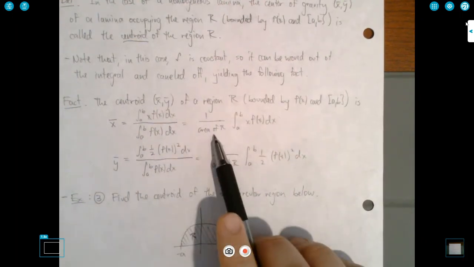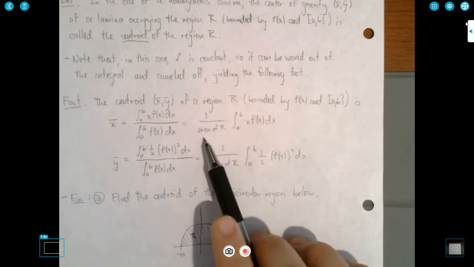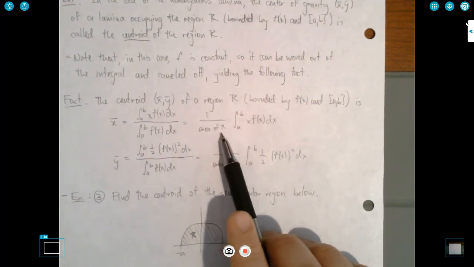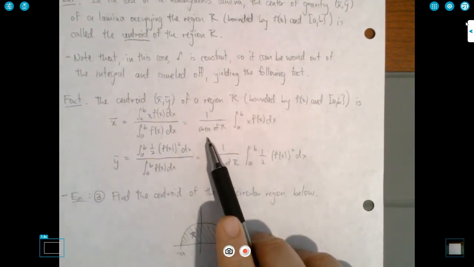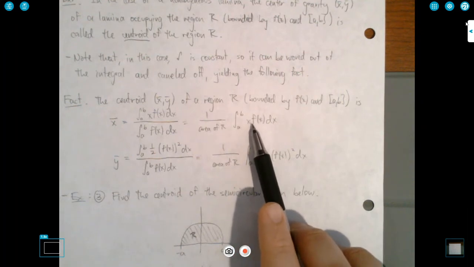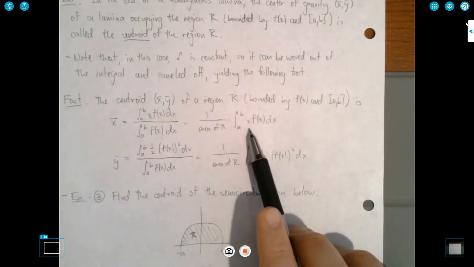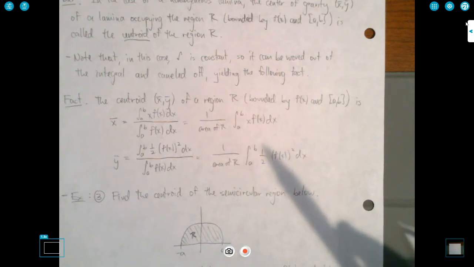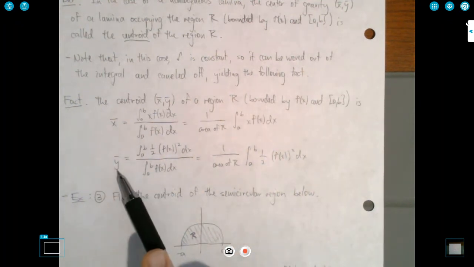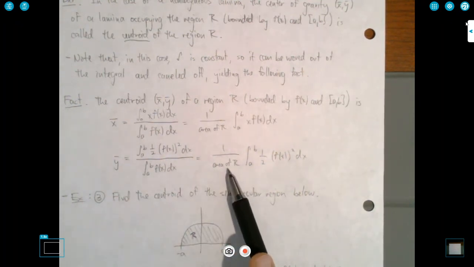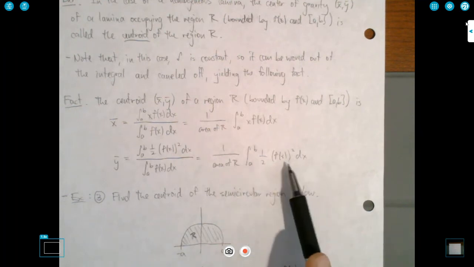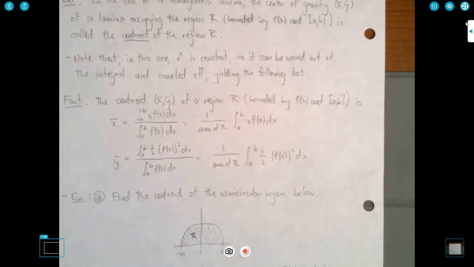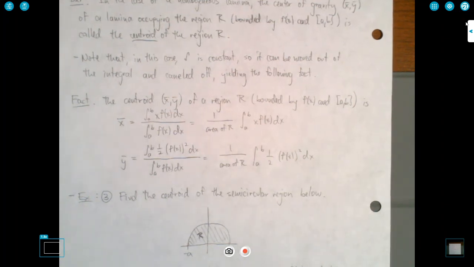Instead of 1 over the mass of R, you just get 1 over the area of R. And then you also don't have a delta in here. It's just the integral from a to b of x times f of x dx. So that's for x bar. And y bar is going to be 1 over the area times the integral of 1/2 f of x squared dx. So it simplifies things a bit.